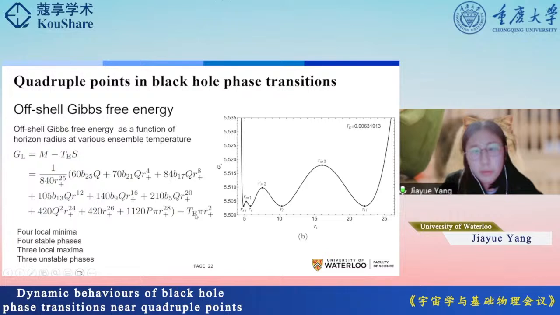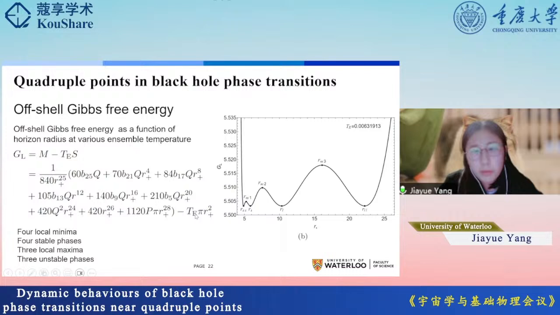In this diagram, it is the off-shell Gibbs free energy versus the horizon radius r_+. If we choose some ensemble temperature, for example, the ensemble temperature here, we can find that there are 4 local minima: r_SS, r_S, r_L, and also r_LL.